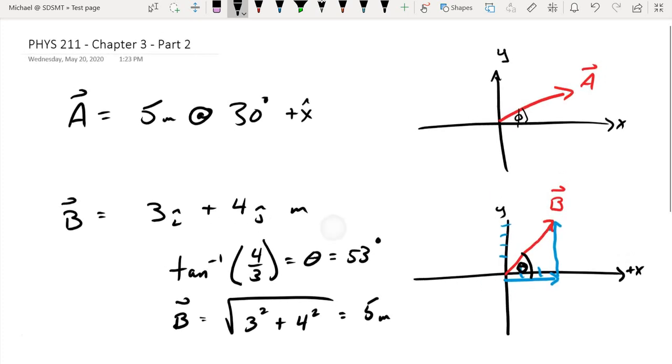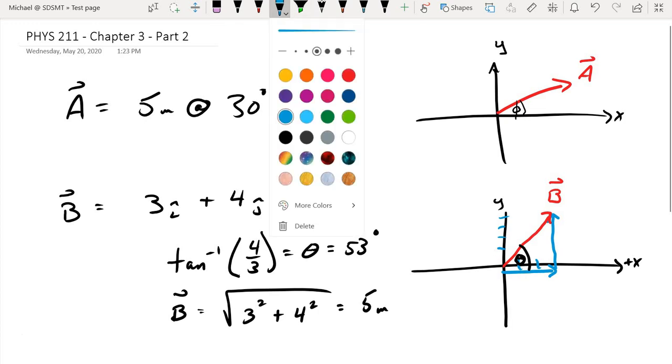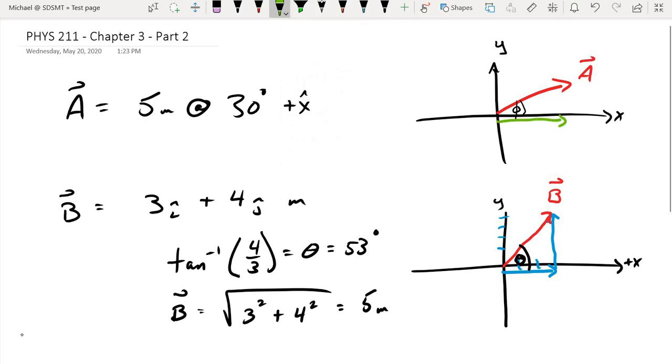And we could easily find the components of vector A by combining the magnitude of our vector along with the angle using the appropriate trig functions. The x component of vector A is the leg that is adjacent to our angle phi, so that would be our magnitude sine of our angle, or 2.5. I'm sorry, that is really wrong.